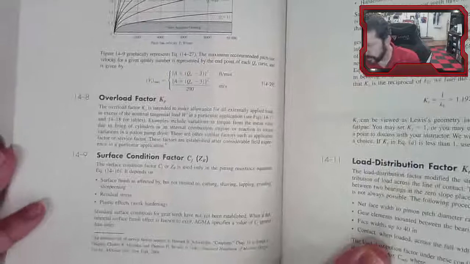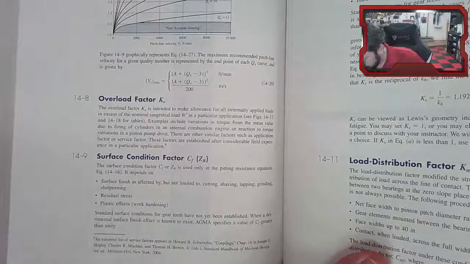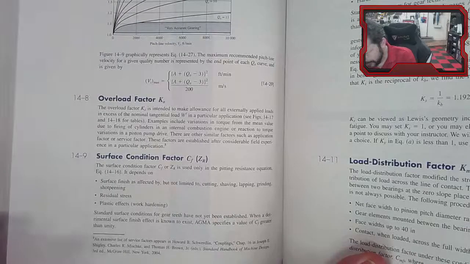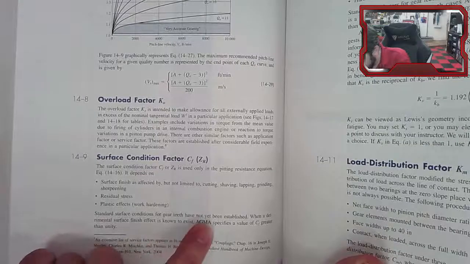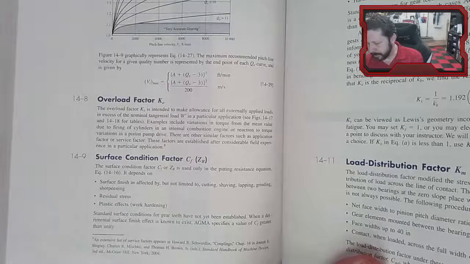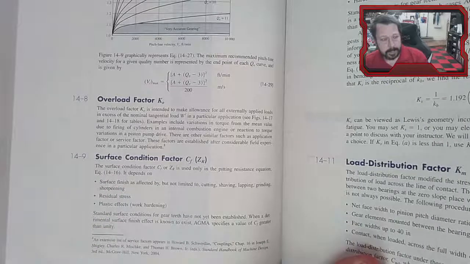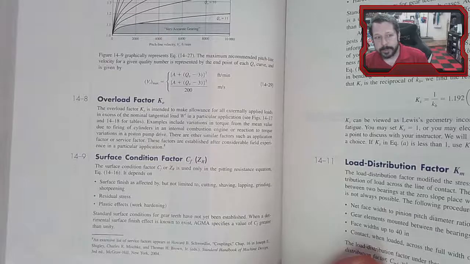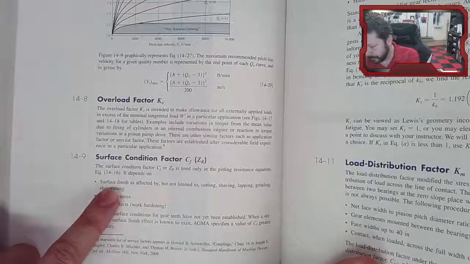So CF is over here on the surface condition factor, or ZR if you're in the SI units. And at the time of this book, which, you know, it is the 10th edition, a little bit old, they have not yet been established. So this is in the place that either AGMA themselves will establish values for CF, or if you routinely use this same set of gears and you've come up with some in-house numbers that simulate this surface condition factor.